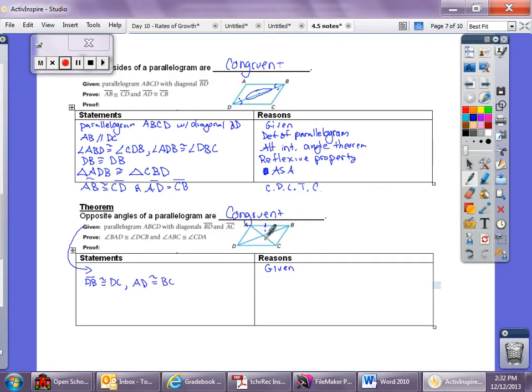So we're saying that these opposite sides are congruent. That's our definition of a parallelogram. We can say that BD is congruent to BD, and AC is congruent to AC. So they are the diagonals, but that's our reflexive property.